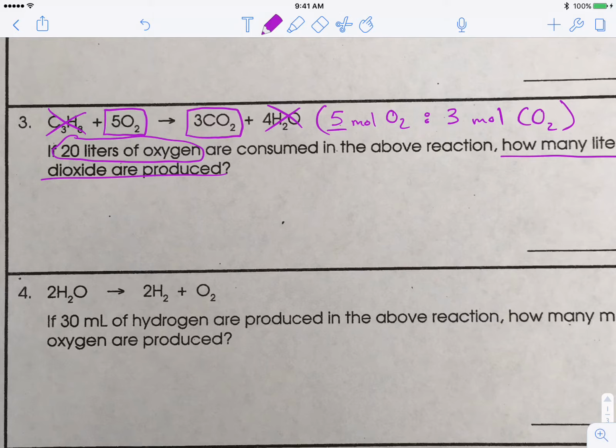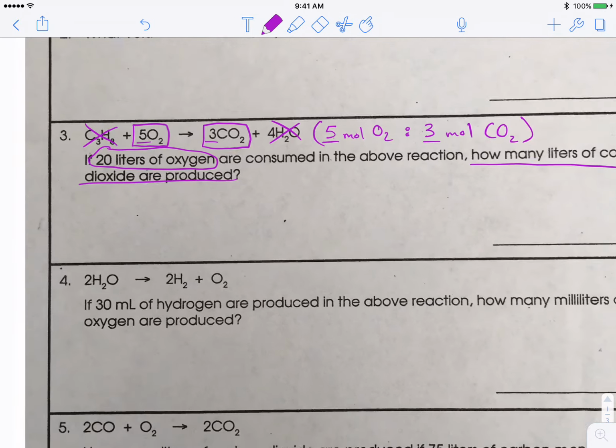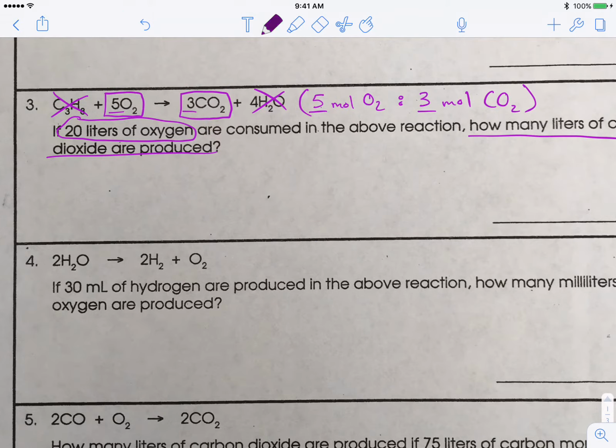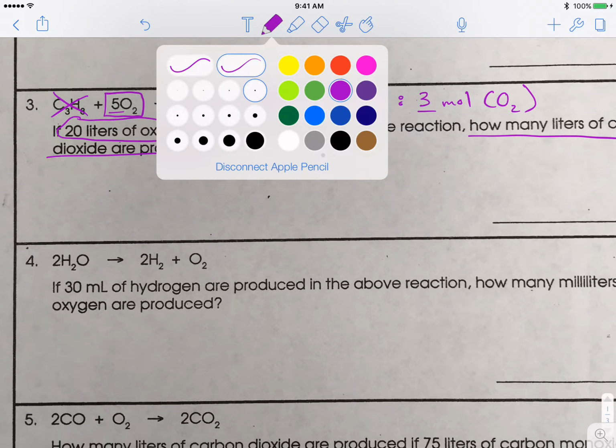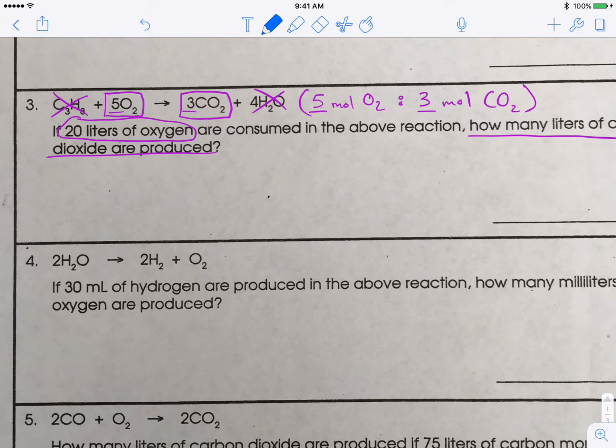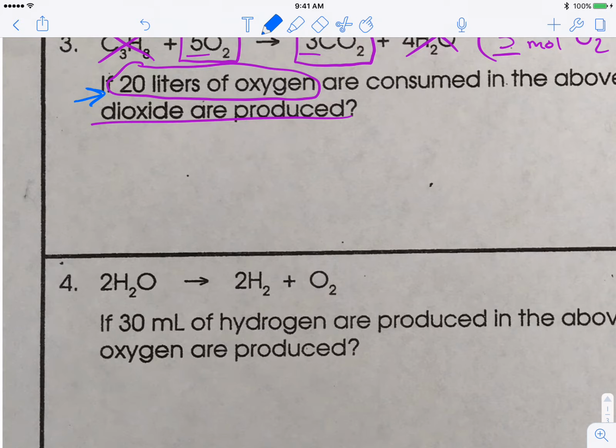Remember, these numbers just come from the coefficients in front of your compounds. So when we start our conversion, let's start by writing what they give us in the question. We're going to start with 20 liters of oxygen. Let me zoom in: 20 liters of O2 over 1.